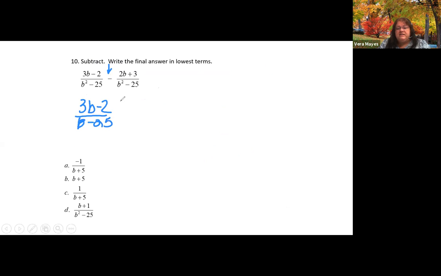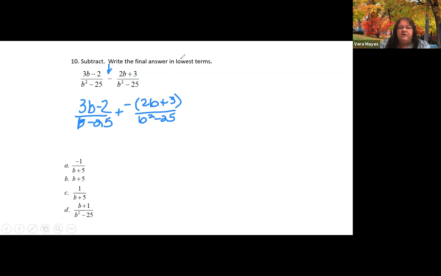I want to take this negative, change it to a plus and float that negative to the top of the fraction that it comes right before. Adding a negative number is the same thing as subtracting a number, right? So I haven't changed the problem at all. This will just make it easier for you as you go through.